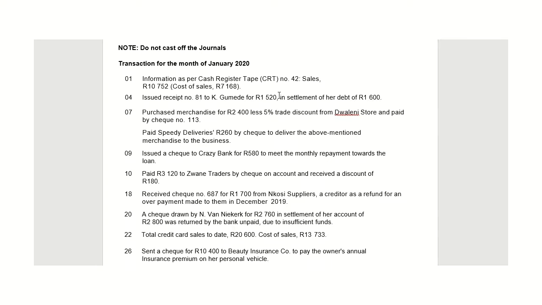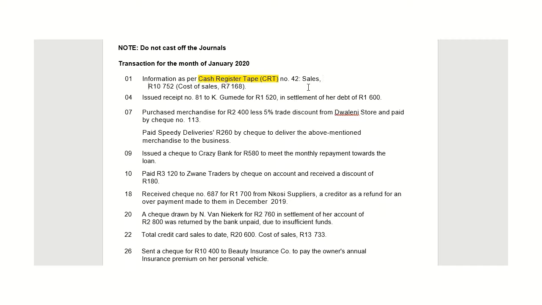When we do post a journal, we look for keywords in the transaction. Cash register tape, or as we know it, cash register roll, is a keyword to post to the CRJ.